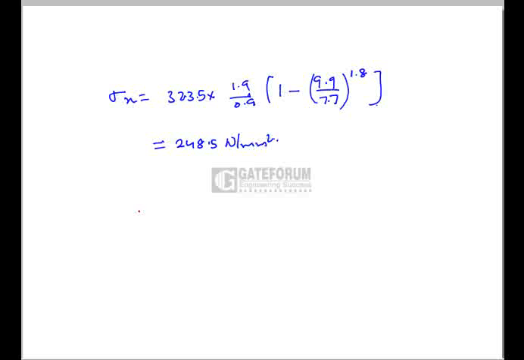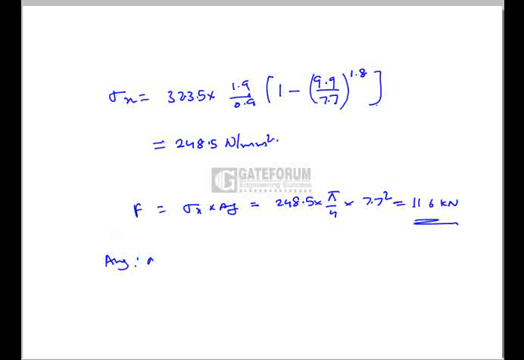Now the drawing force is equal to sigma x into Af, which is equal to 248.5 into pi by 4 into the final diameter 7.7 squared, and is equal to 11.6 kilonewton. Here the right answer is 11.6 kilonewton, and in the options the right answer is A. A is the right option.